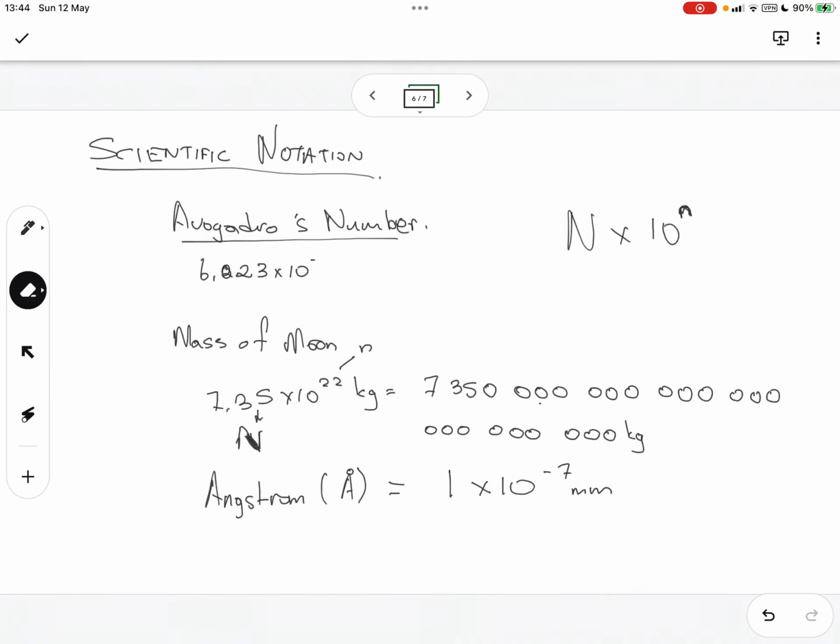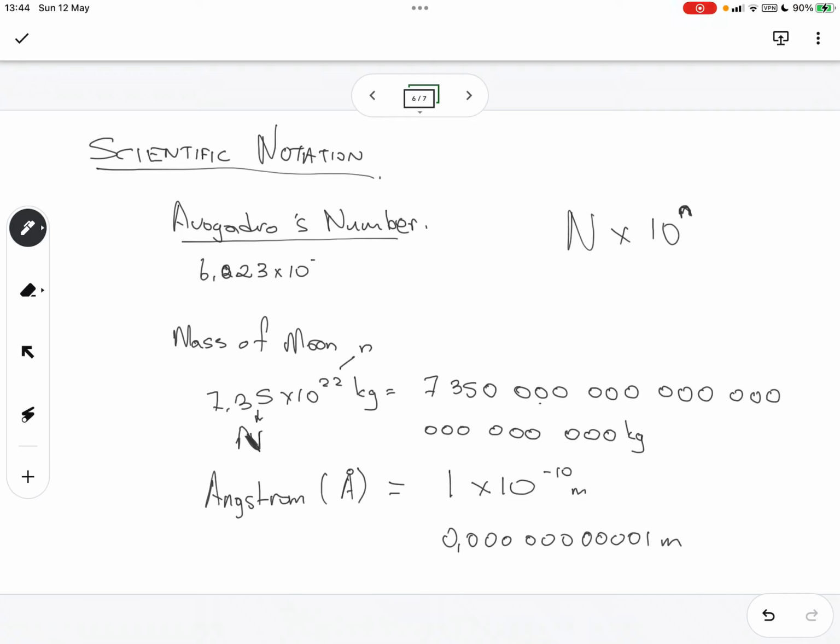So 10 to the negative 10 meters means that it's 0.0000000001 meters. On your ruler, can you imagine this number?